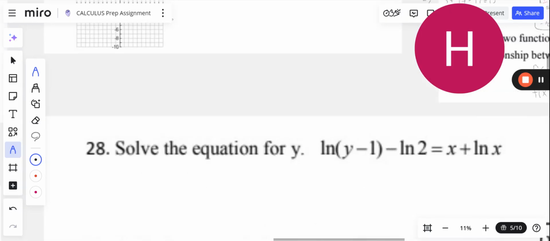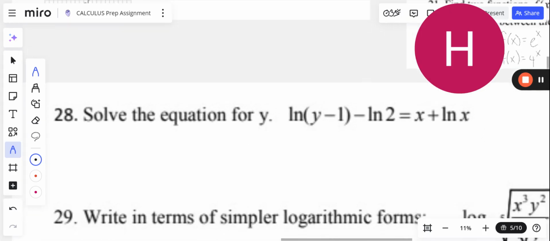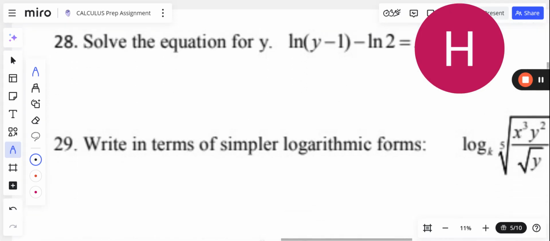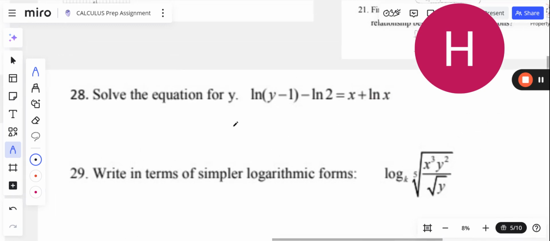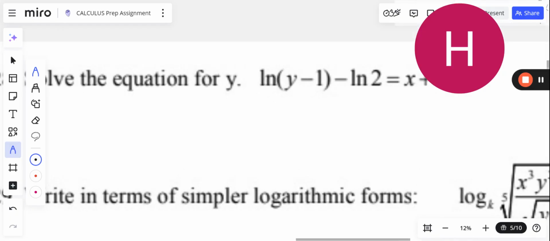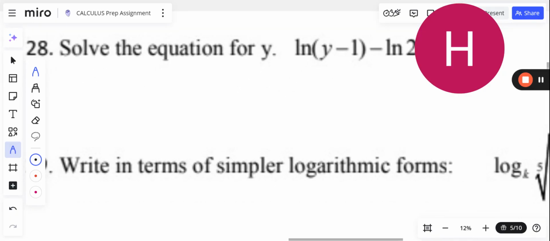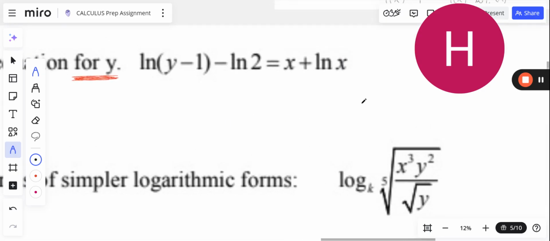Okay, great. We're going to finish off strong with these two problems here, 28 and 29. Now that you're a pro at solving logarithmic equations, we're going to solve the equation for y. We want to get the y by itself, which means it's okay if x's are flying around everywhere.